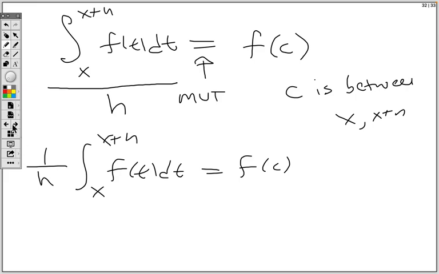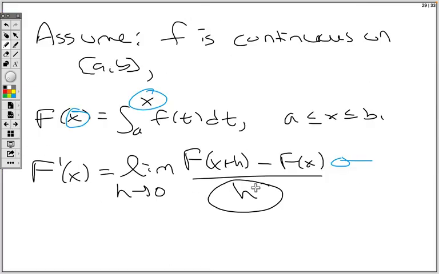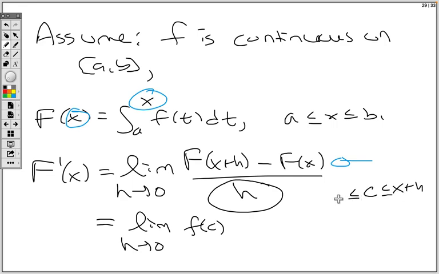So, going back to this limit here, my derivative is just the limit as h goes to 0 of little f of c. Now, since c is somewhere between x plus h and x, as h goes to 0, that's going to force c to go to x.